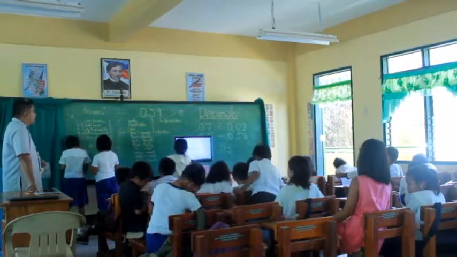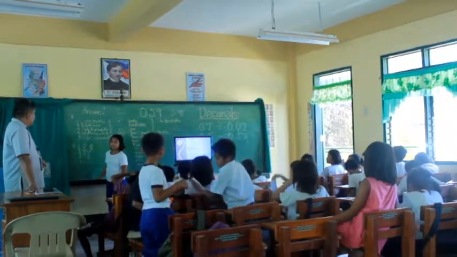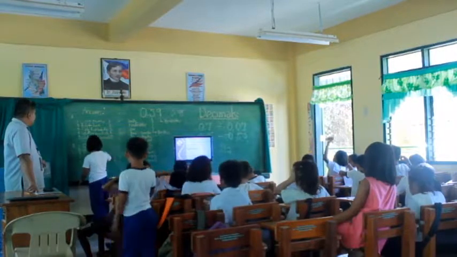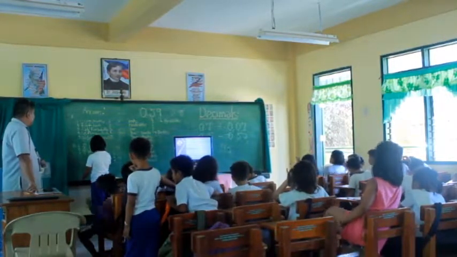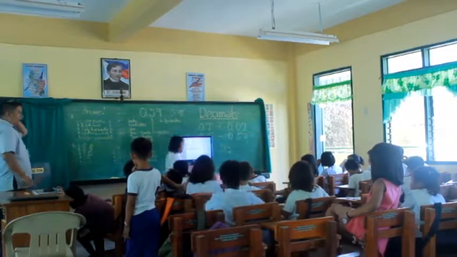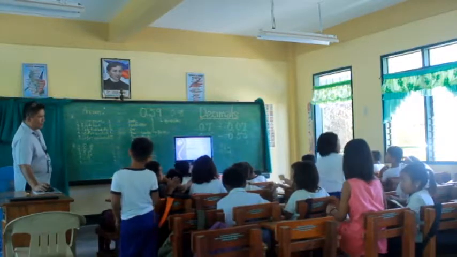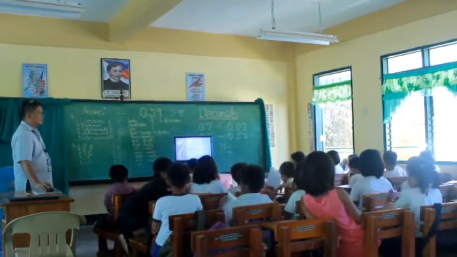How will you write that in decimal form? 2 hundredths. There's nothing there. 0.02. Yes, that is correct. Let's clap our hands. Place it properly.